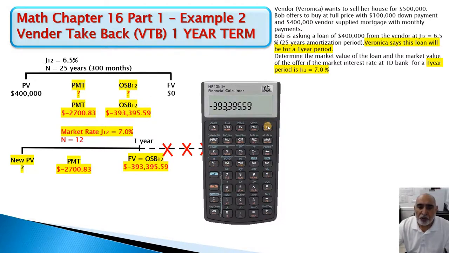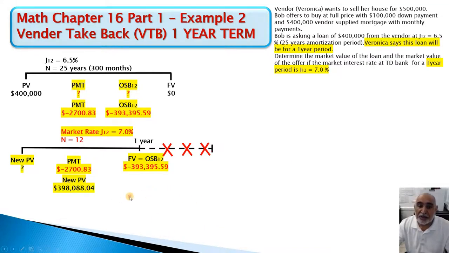There. And what are we looking for? PV. PV is 398. That's 398. So that's the value of the loan if it's only for 1 year. Remember when it was the full 25 years, this was around 340,000. So this house now, what's the market value of the loan? 398.